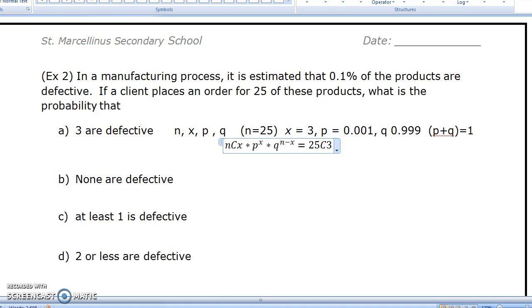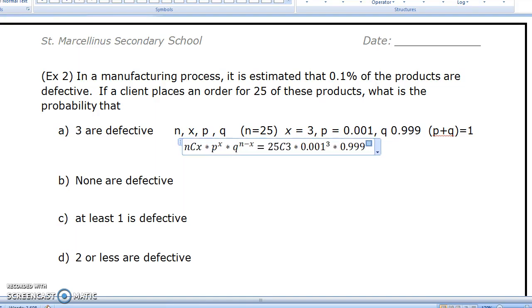I want 3 defective parts, so out of my 25, I want 3 of them to be defective, times the probability of a defective part, which is 0.001, to the power of 3, times 0.999 to the power of 22.